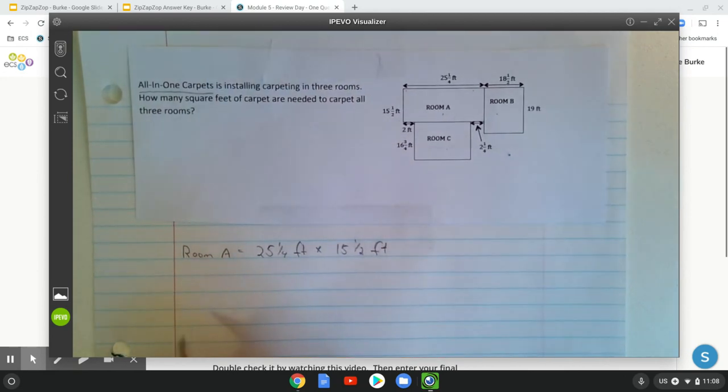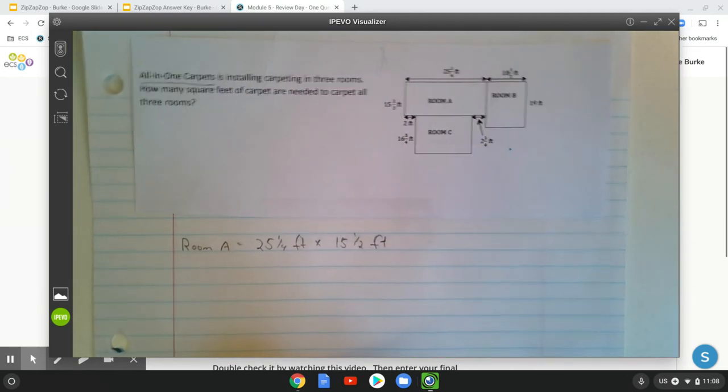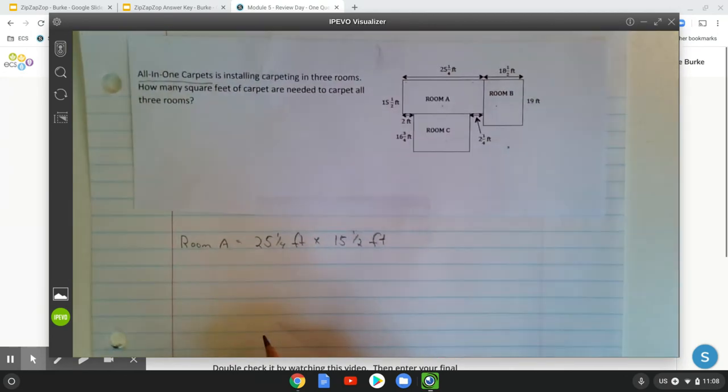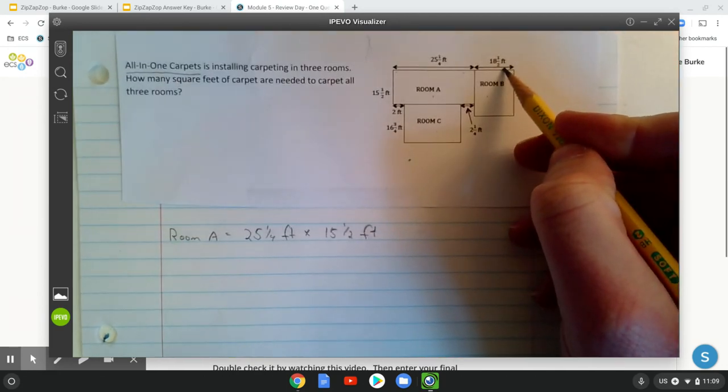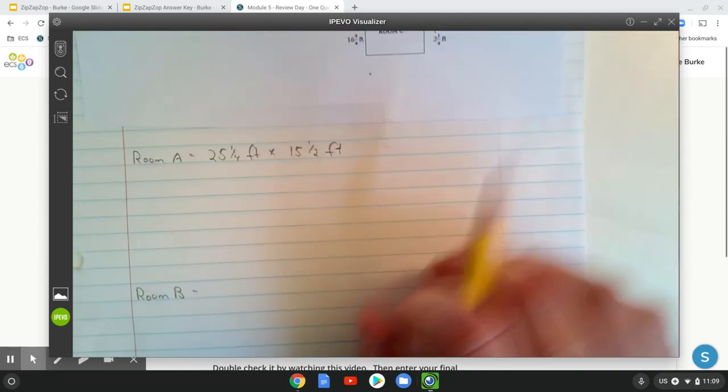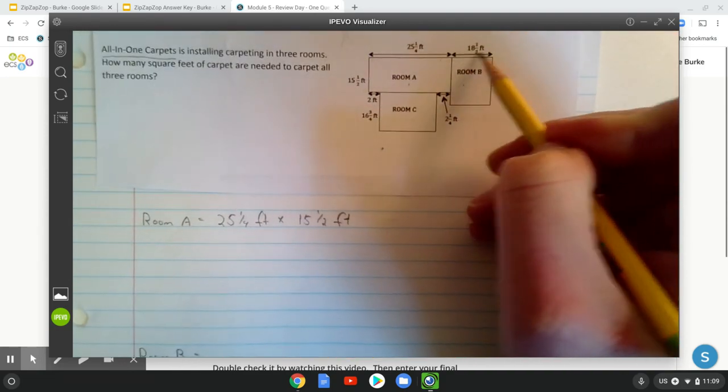I'm going to skip down and get each of these dimensions first. Room B appears to be 18 and a half by 19 feet.